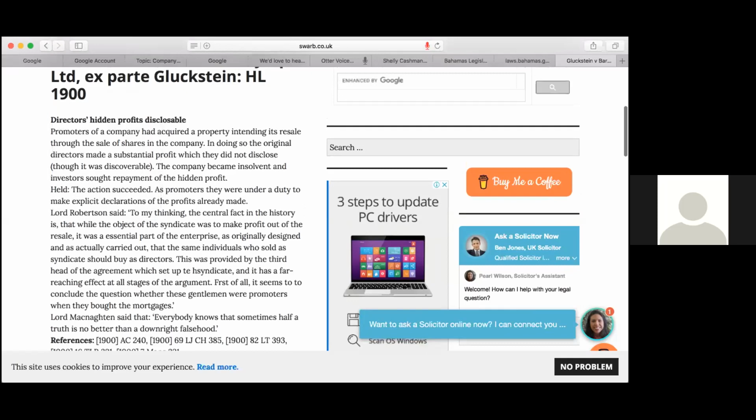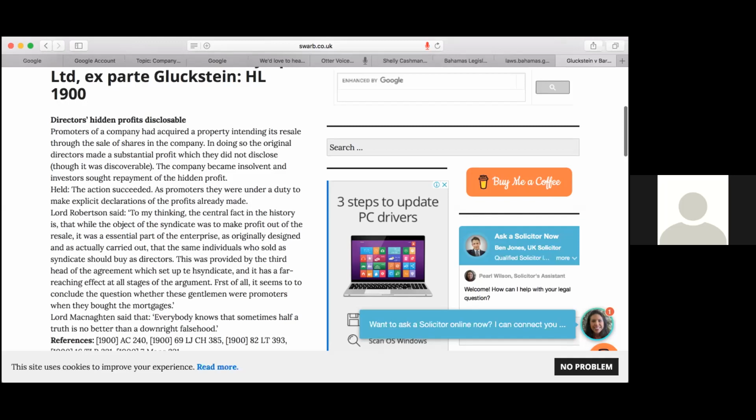The question of the validity of the allotment of the shares arose in this case, and it was held that the certificate was conclusive as to the date on which the company was incorporated.